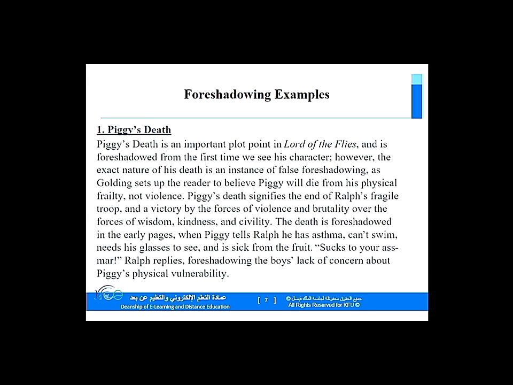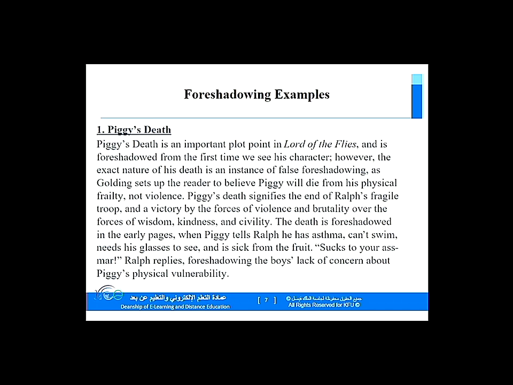Golding gives us a hint that Piggy will die from his physical weakness, from his physical frailty, not from violence. But it's a false foreshadowing because Piggy will die a violent death.